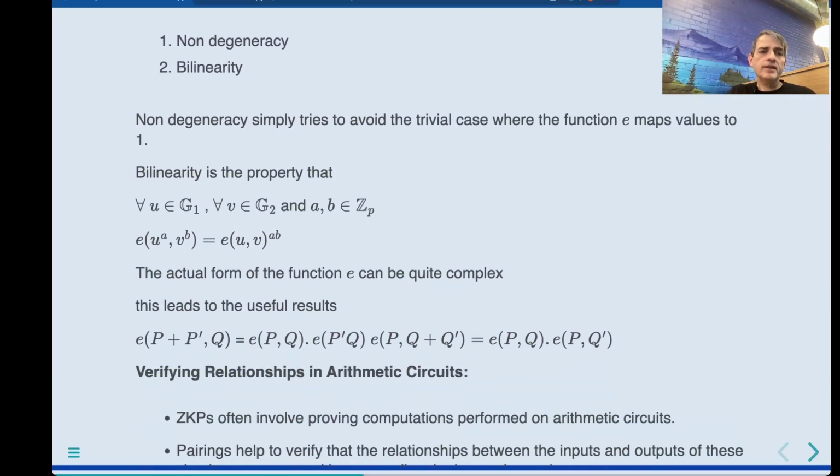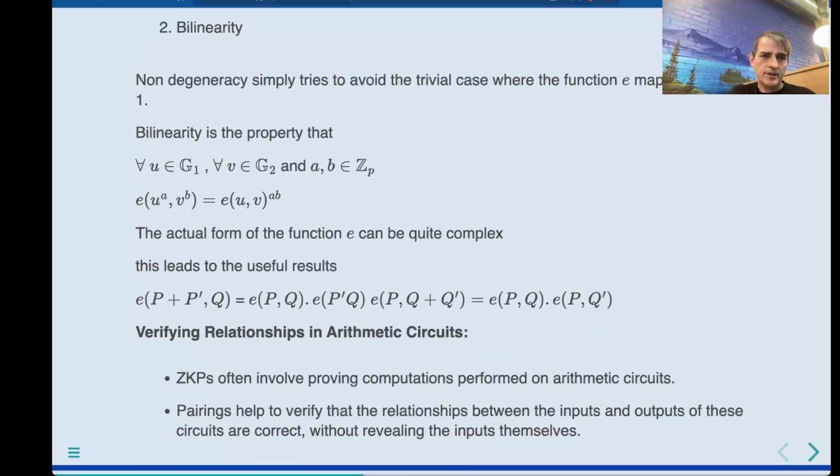Now, I'm not going to go through all of this. It gets a little bit more complex, but it's just all about a technique and the fact that this is a property that we can have with groups that we may want to use. So this is some property that holds between groups and allows us to take elements from some groups and then find corresponding elements within a third group.